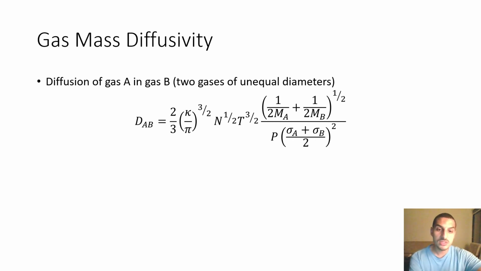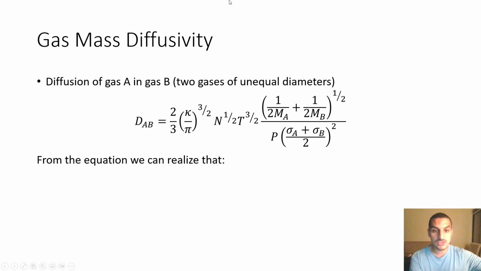From this equation we can make more than one observation. The first is that if I switch A and B, if I say the diffusion coefficient of B in A, the equation would be the same because it's 1 over 2 MA plus 1 over 2 MB. So it doesn't matter if I put MA before MB or the other way.